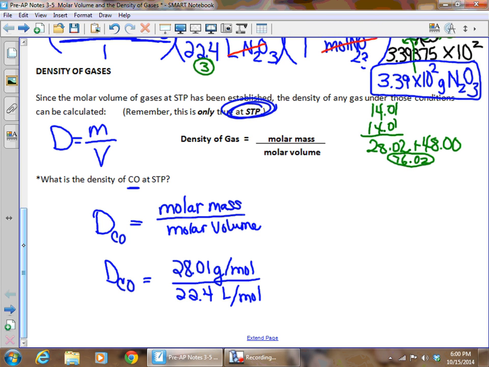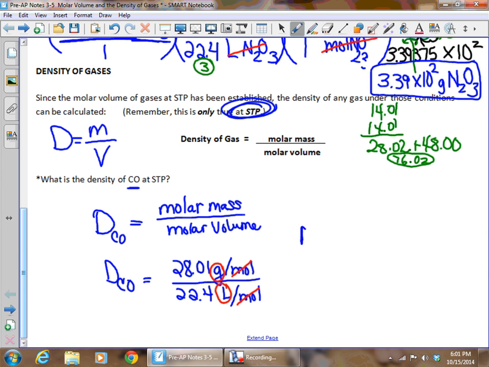So when I look at my units, it looks like moles are going to cancel, and what I'm going to be left with is grams per liter, which is the common unit for the density of a gas. Remember, if we're dealing with a liquid or a solid, which are much more compressed, we deal with grams per milliliter or grams per cubic centimeter. But for a gas, we deal with grams per liter.